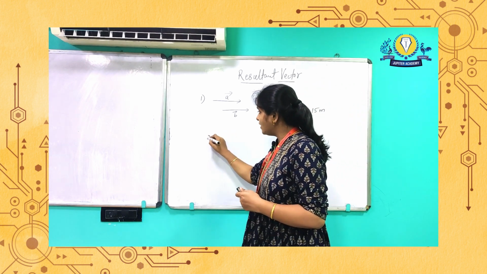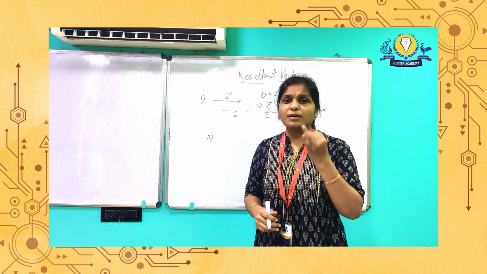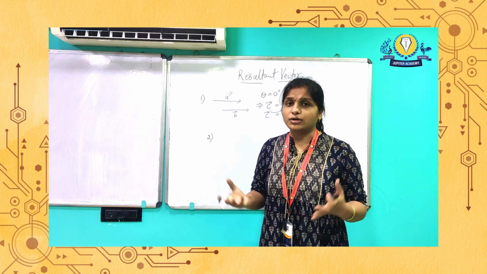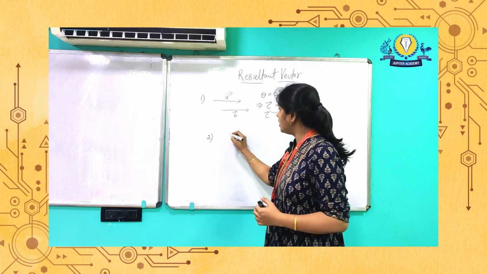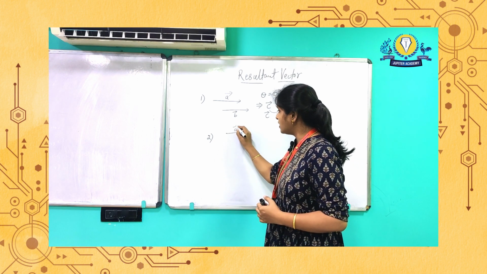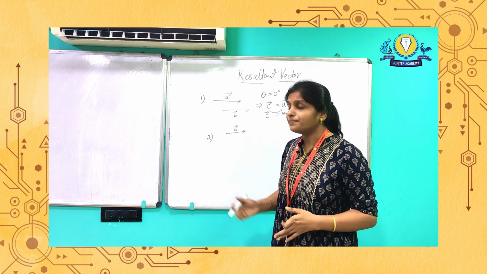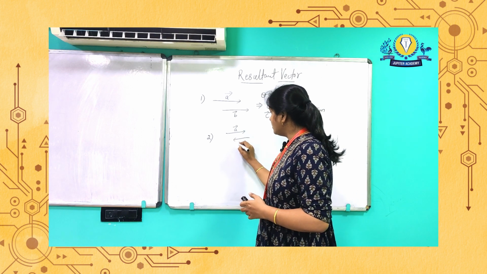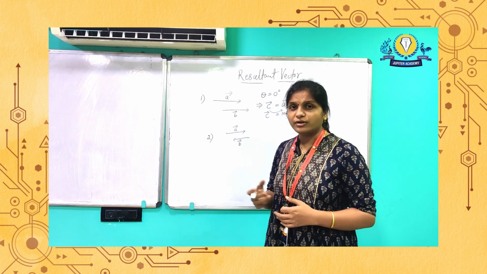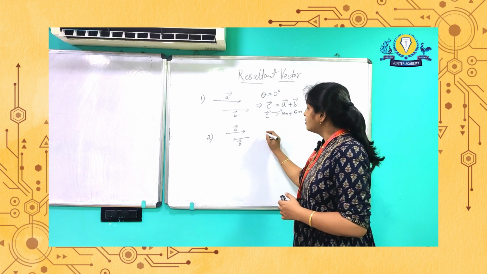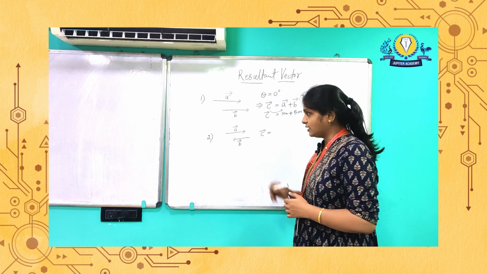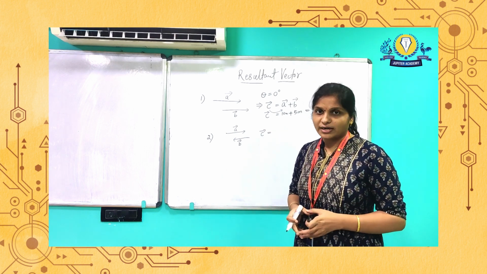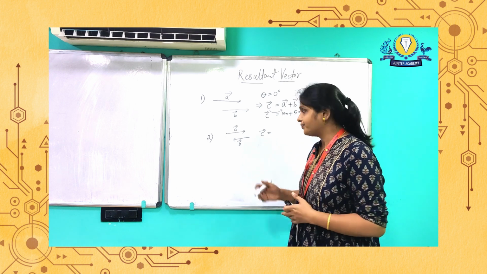Now if these two are anti-parallel, opposite or negative vector, whatever you want to say. Suppose A is going in the positive x direction and B is going in the negative x direction. So what will be the resultant you will get? You will get the resultant C vector, whichever has greater magnitude.